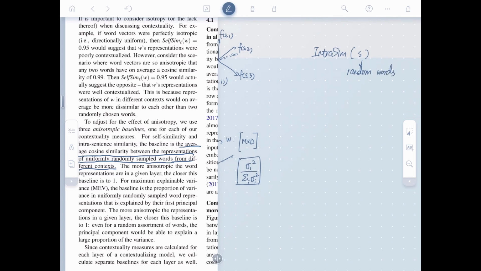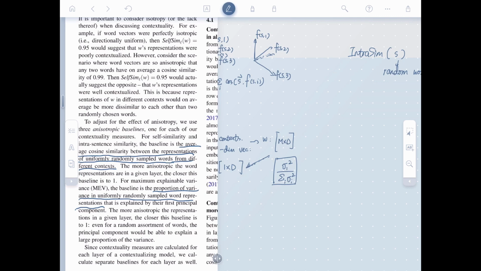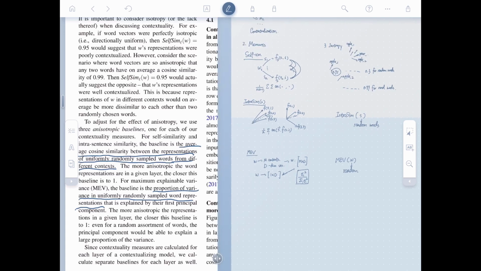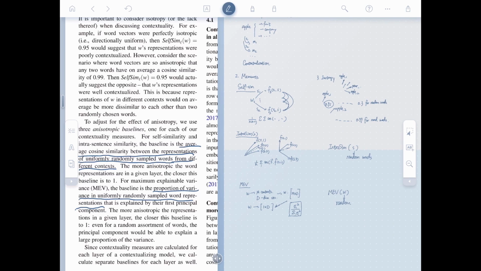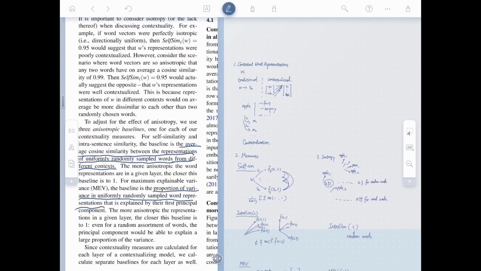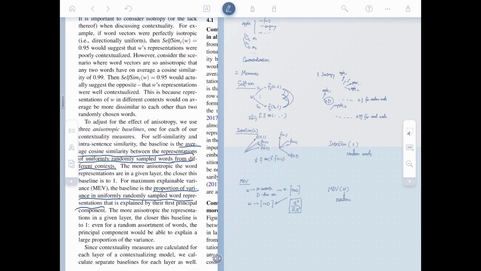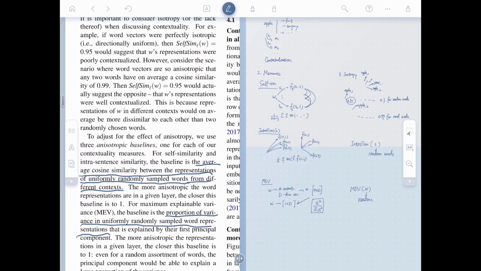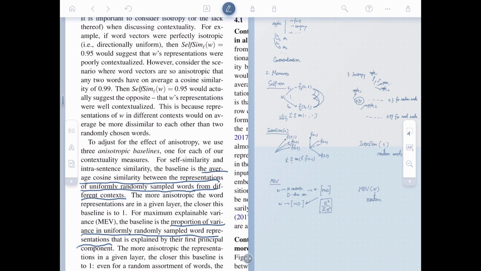And the baseline for MEV is the proportion of variance in random words. These are basically how the author analyzes the contextualization of contextual language models.